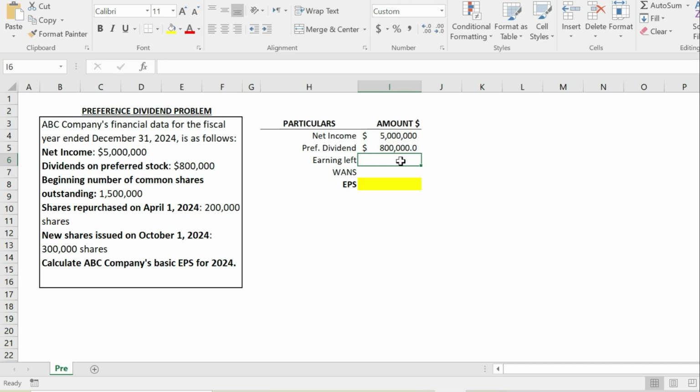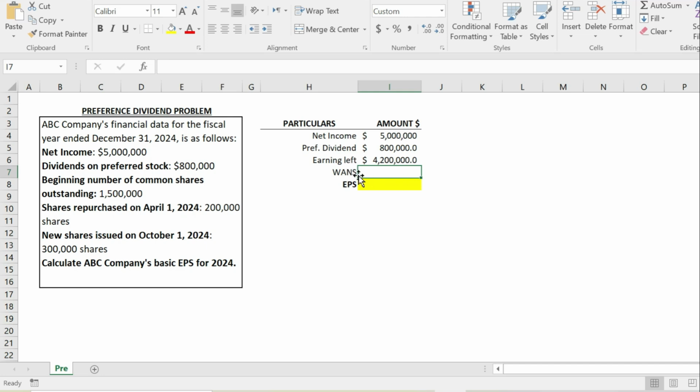So the earning left would be our net income minus preferred dividend. WANS means the weighted average number of shares. This is the formula: earning left over WANS. We will find the EPS after dividing this over this.